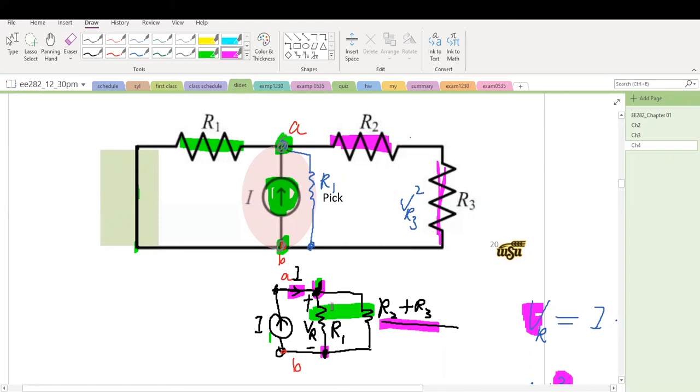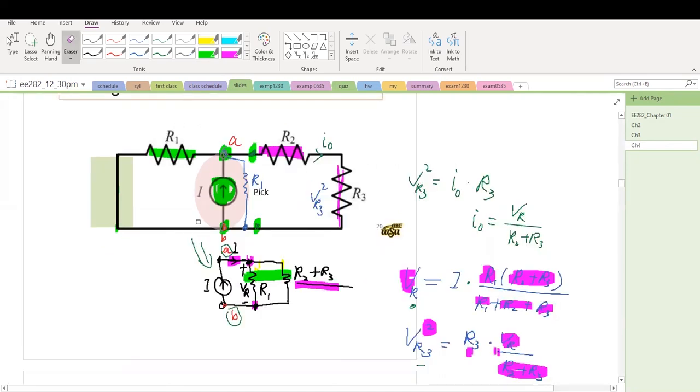And then these two resistors are in parallel. Notice that these two circuits are completely equivalent.